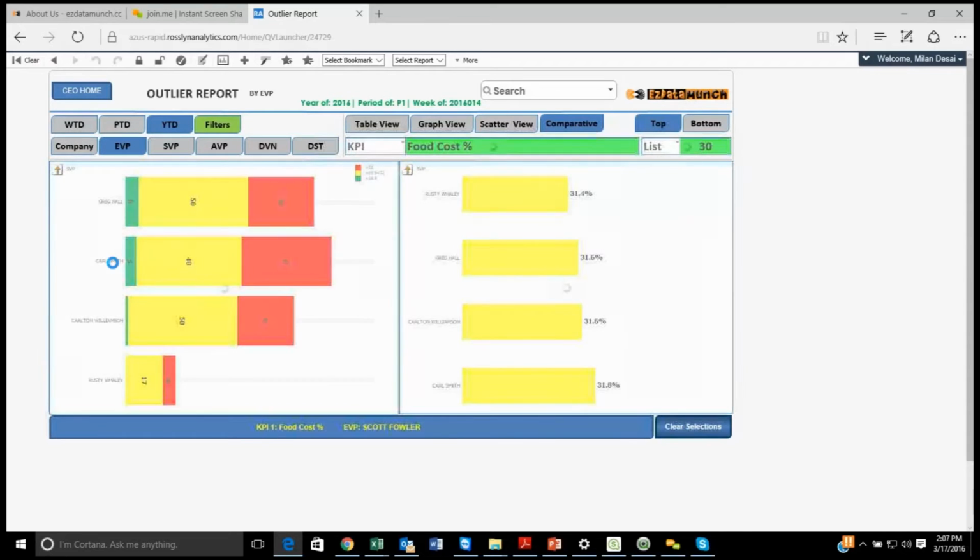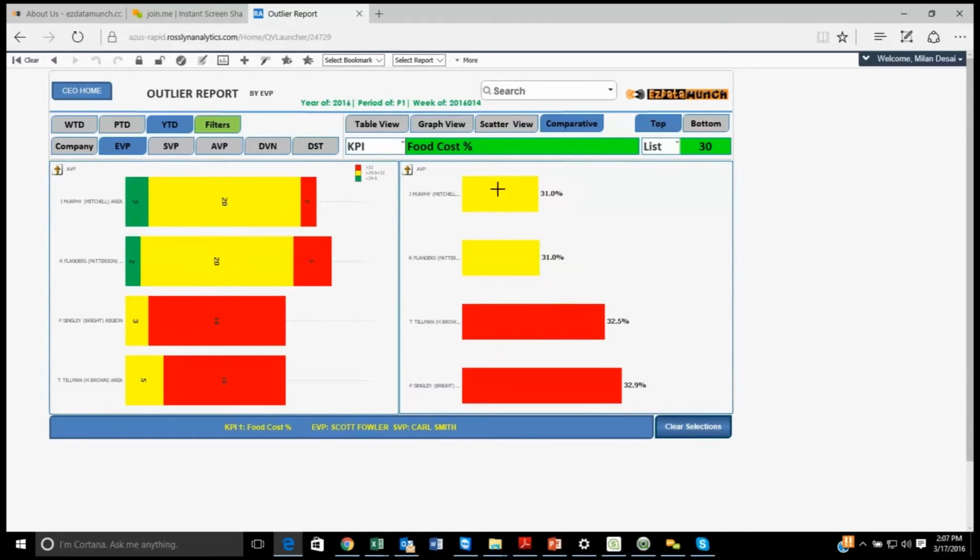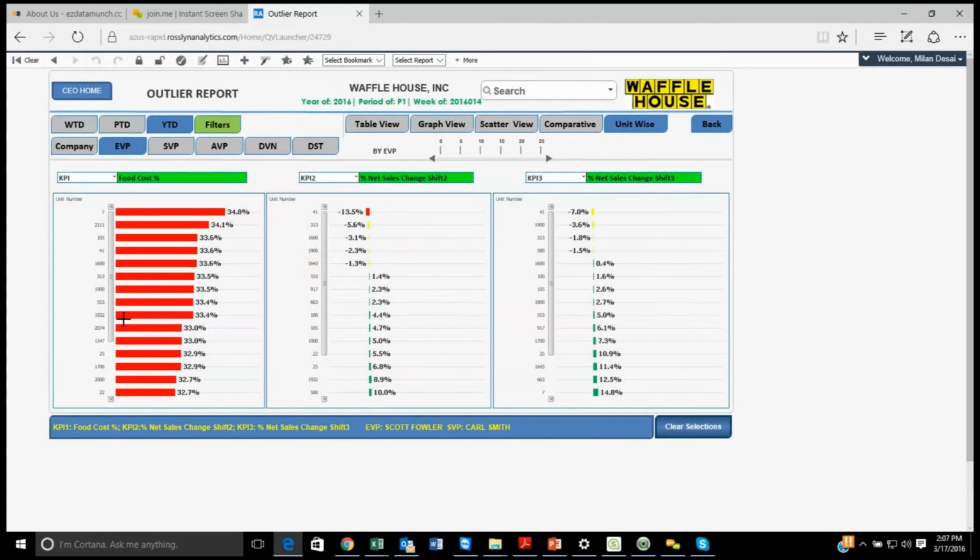You click on Carl Smith, and now you're drilled down into his organization. Now if you look here, Singley is one of the biggest culprits because he has 18 reds. So you click on him and go into what's happening with his organization. The moment you go to that level, these are all the stores or locations that he manages.